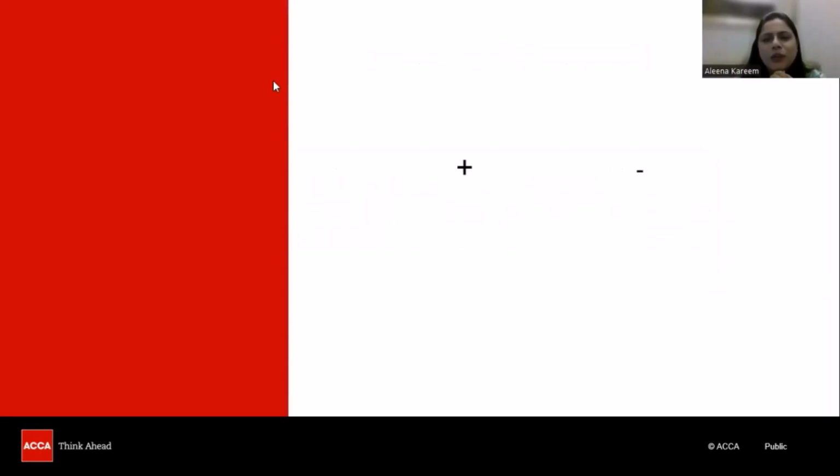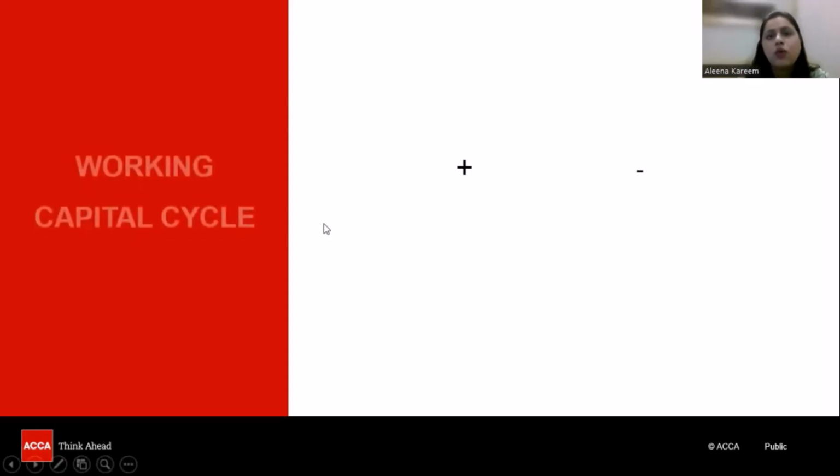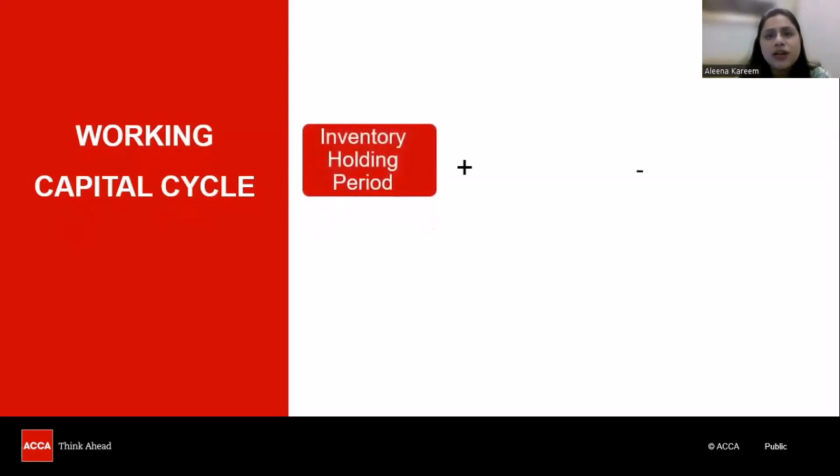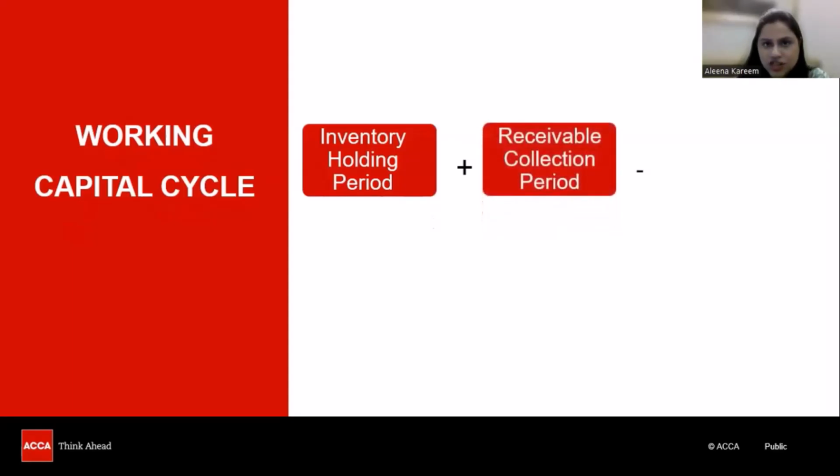Now, we have covered the three aspects of the working capital cycle. Now it's time to see how they work together. Very importantly, the overall final figure that we need to calculate is the working capital cycle. In the working capital cycle, we first have to take the inventory time period because this is something in which our cash is stuck. Then we have the receivable collection period.